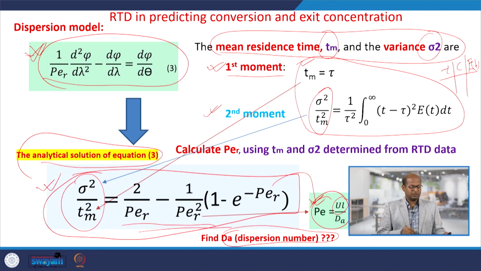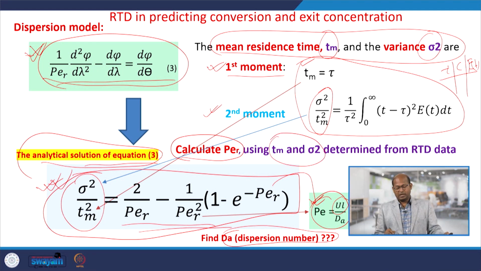So we are solving one equation considering these boundary conditions. The details are not given here. If we solve this equation using those boundary conditions, we get this analytical solution. First we have to calculate the Peclet number, and for that we need the mean residence time and sigma squared, the variance, from the RTD data. Then we substitute sigma squared by Tm squared, and by trial and error or nonlinear regression we find the Peclet number.